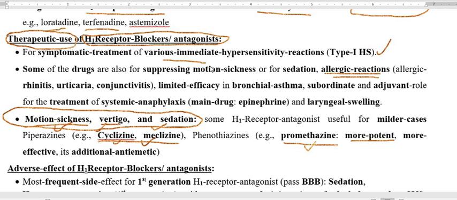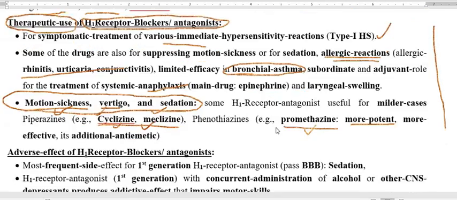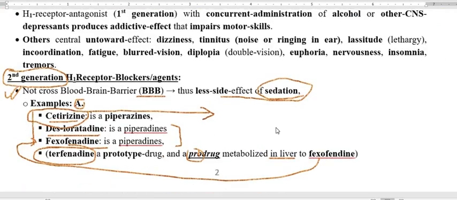These allergic reactions are rhinitis, urticaria, conjunctivitis, and it is also used to some extent in bronchial asthma, because as we discussed, histamine is going to produce bronchoconstriction and anaphylaxis that we already discussed. So this is all about the therapeutic utility of the H1 receptor blocker or antagonist.